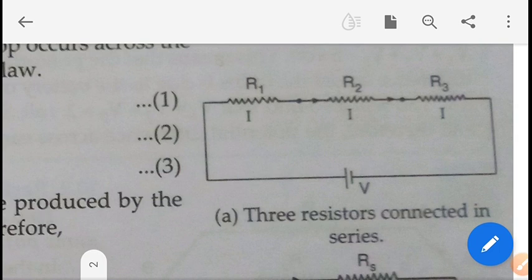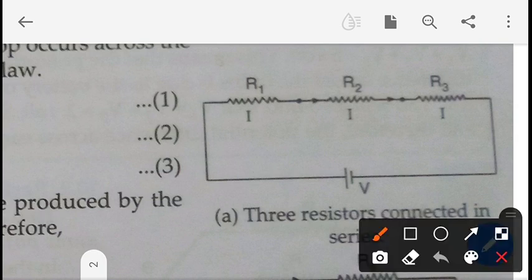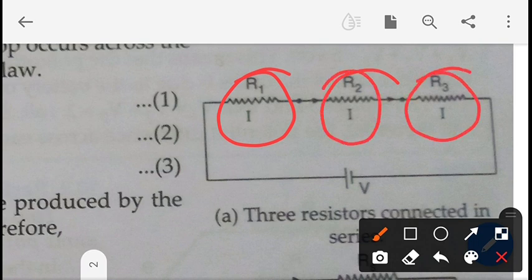Here I have taken three resistors connected in series. This is R1, this R2, this R3, and voltage V is applied.